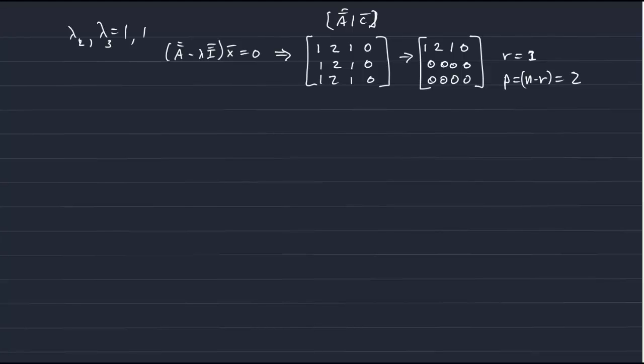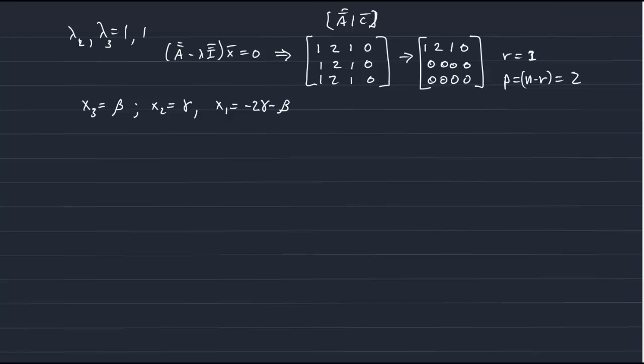So we have 2 parameters that describe the eigenspace. And so this is x3 is equal to, say, beta, and x2 is equal to gamma. And the first equation states that x1 is equal to minus 2 gamma minus beta.